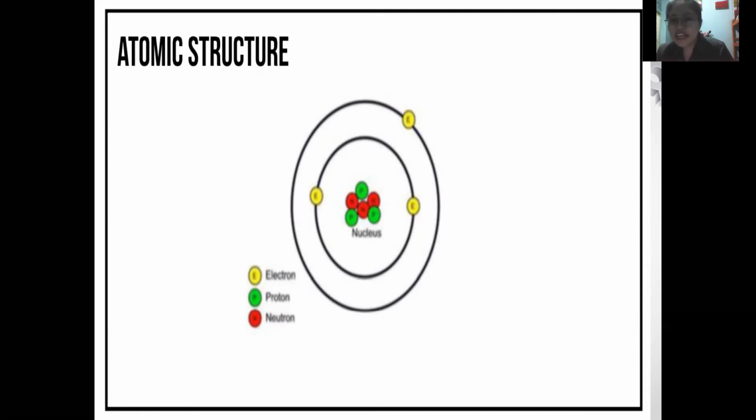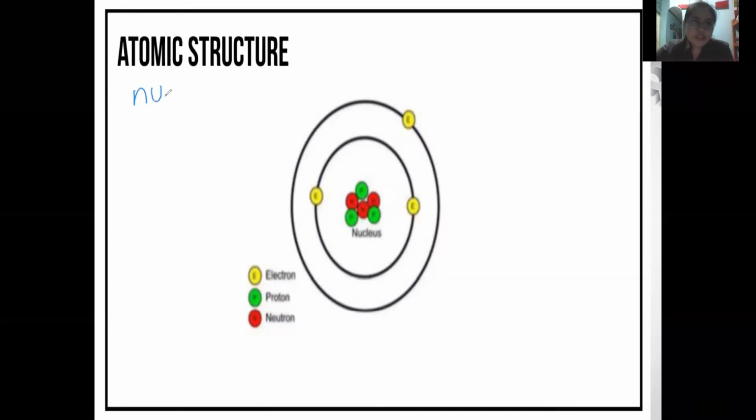Please do not forget that at the center of the atom, you can see there the nucleus, and the nucleus contains both the protons and the neutrons. Susulat natin. Sa nucleus ng ating atom, we will find there protons and the neutrons.